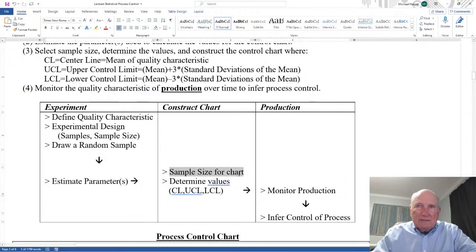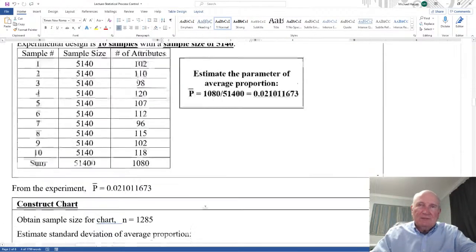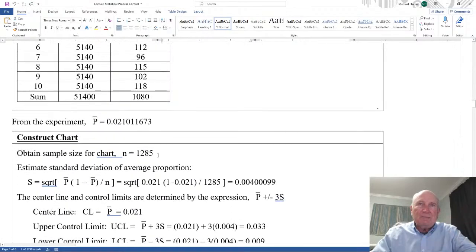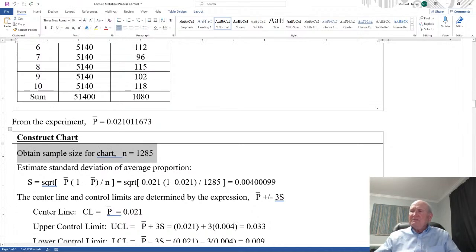This sample size is for the chart. And usually this sample size is determined from the production process. So down here, notice my sample size is 1,285. Well, that's from the production. Maybe I should have had a smaller one, but let's suppose that they do 1,285 of these at a time. In 642 and a half or whatever, or divided by 5, and what's that?